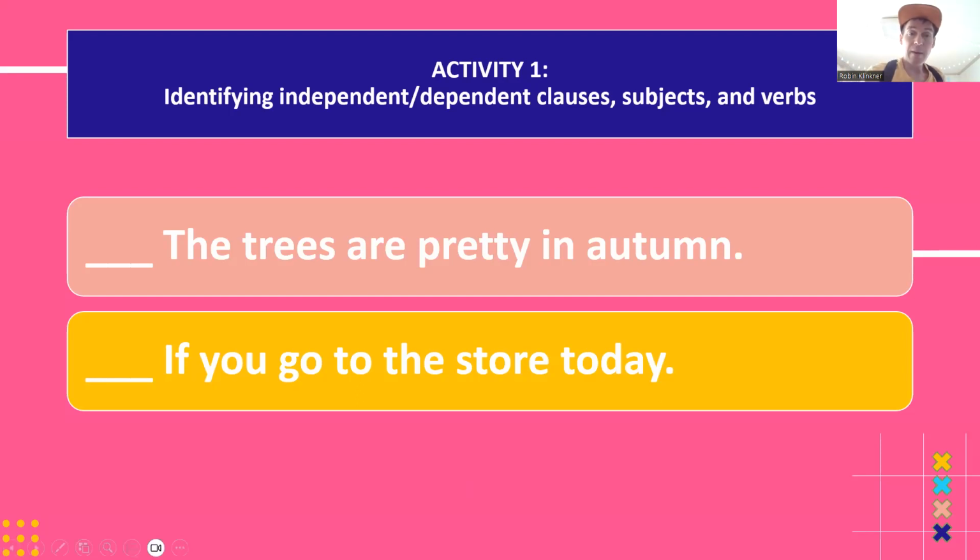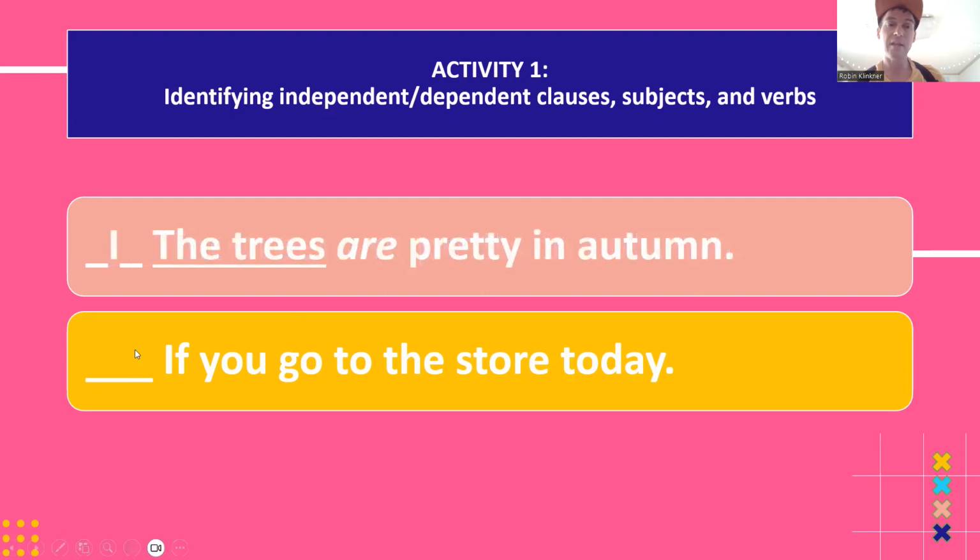So here are 2 examples. The trees are pretty in autumn. Okay, this is a clause. It has a subject and a verb. Is that a complete thought? Yes, it is. If I tell you the trees are pretty in autumn, you'll say, oh yeah, they are very pretty. Nice and brown. I love those. So that is an independent clause.